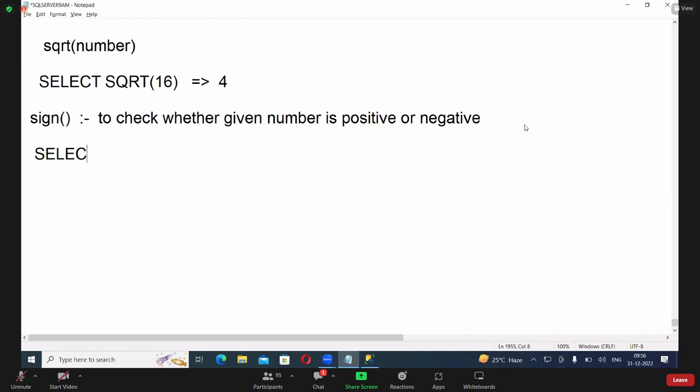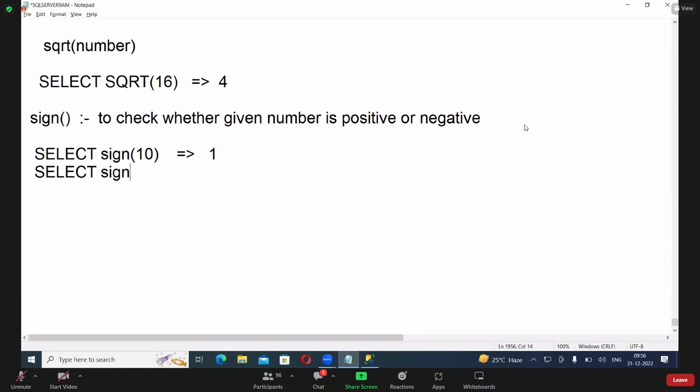For example, select sign of number. If the number is 10, is the given value positive or negative? Positive, so it returns 1.